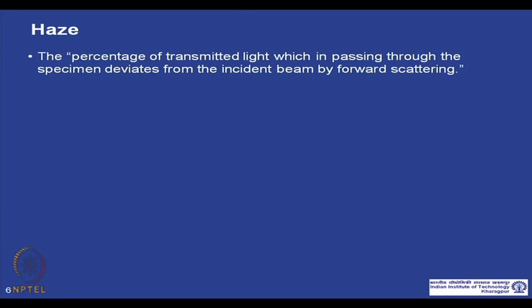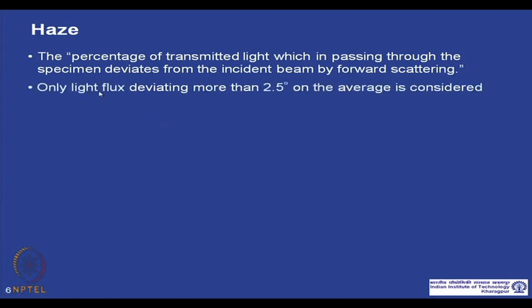So, obviously, if there is something present in the polymeric material which is scattering, and it typically scatters in all directions, then the amount of light which is scattered and deviates from the incident beam by forward scattering is what is haze.